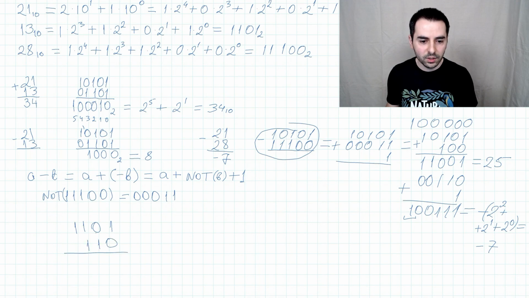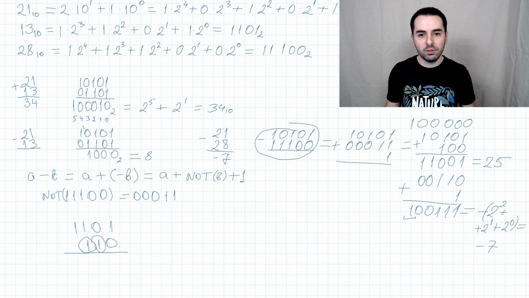You can multiply first the 0 with all the digits right here, and then shift 1 digit and multiply this one, and then shift 1 digit, multiply this one, write them under each other, and then sum them up. You'll get the right answer. You can try that and convert to decimal. See that you got the right answer.